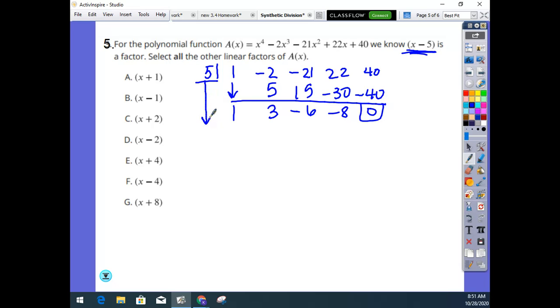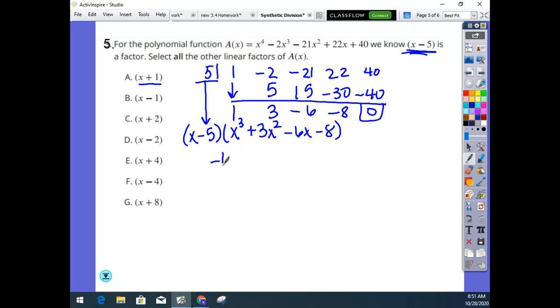All right, so this is an example of x to the 4th. That means this is x to the 3rd. So I need to figure out, are one of these factors? So let's maybe try -1.